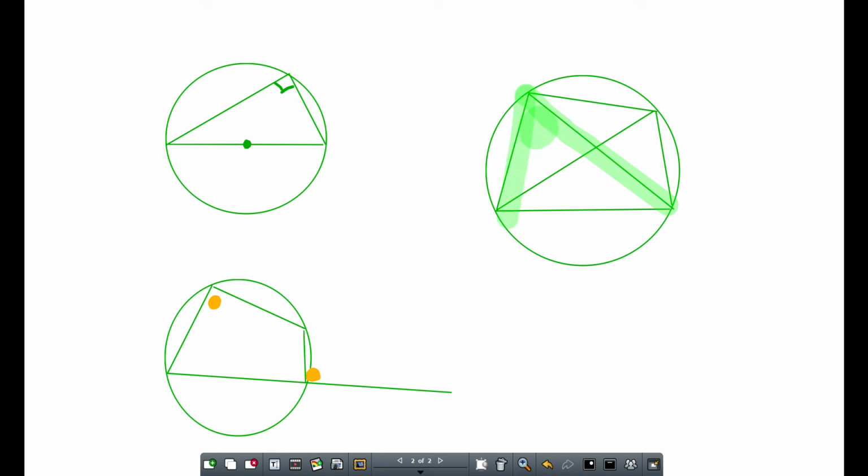Do you remember that? And it is actually because they are subtended by the same chord. This chord, that one. Both those triangles are actually lying on that same line. Look there, and there, they are both on that line. So they are subtended by the same chord.